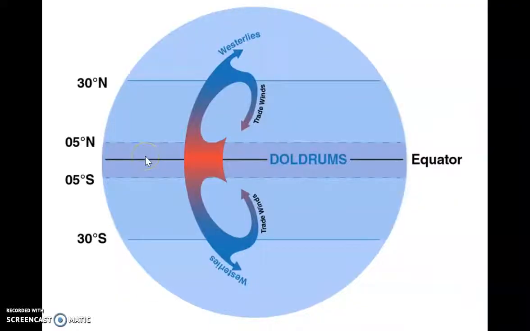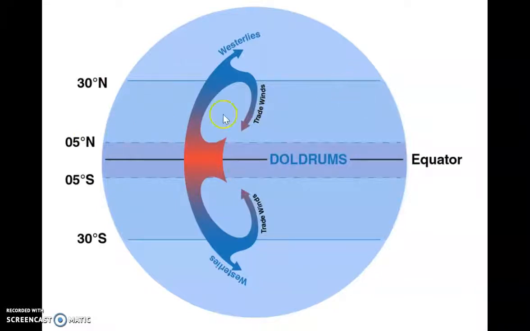So what we have here, we have two types of trade winds. We have the northeast trade winds and we have the southeast trade winds. Look at this here quickly. The northeast trade winds belt exists between 5 and 30 degrees north, and it actually comes from the northeast, and it blows in somewhat of a clockwise direction.